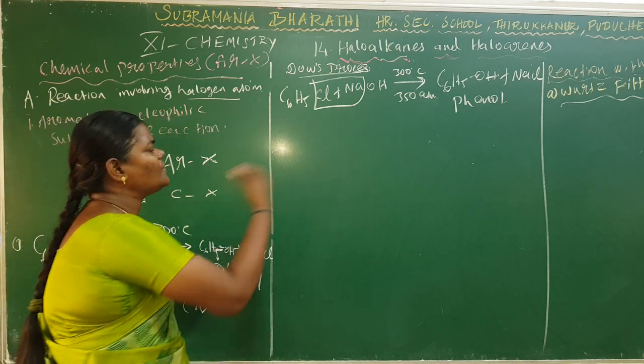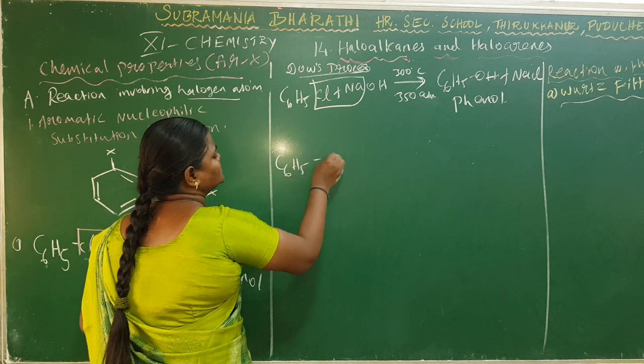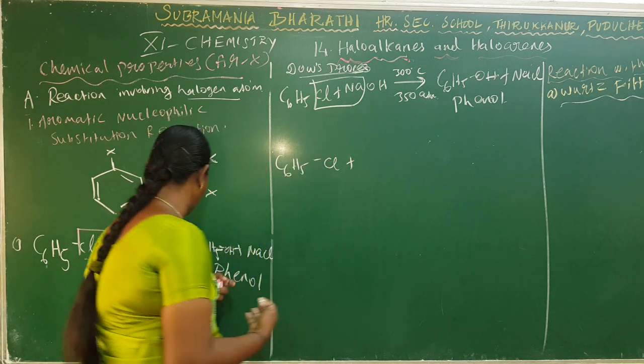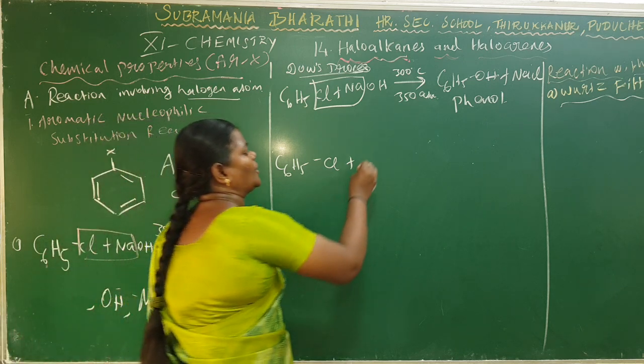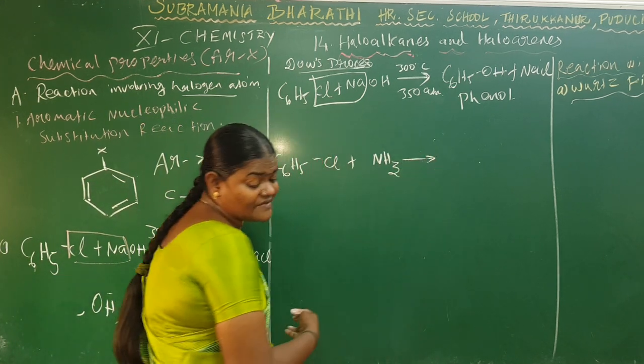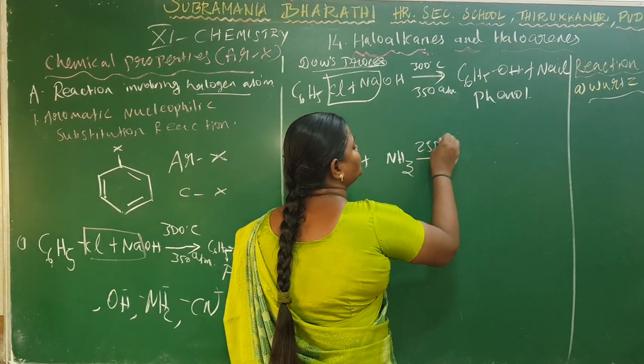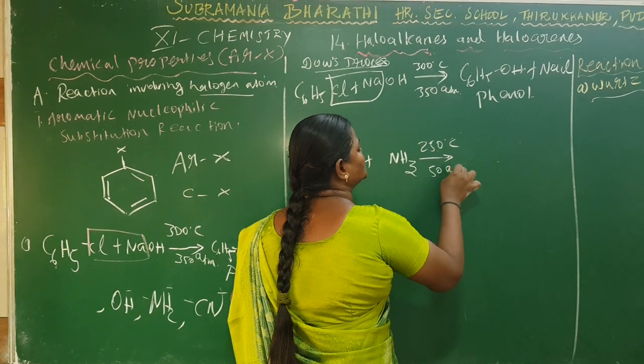Now we take another nucleophile. C6H5Cl, the same type of compound, reacts with ammonia. The temperature is raised to 200 to 250 degrees Celsius at 50 atmospheric pressure.